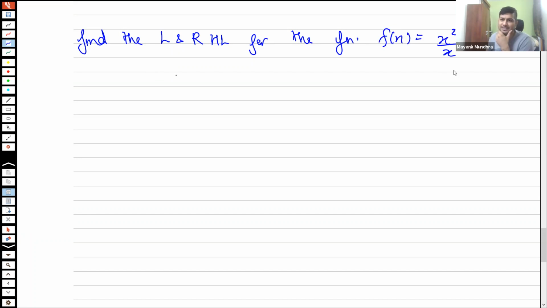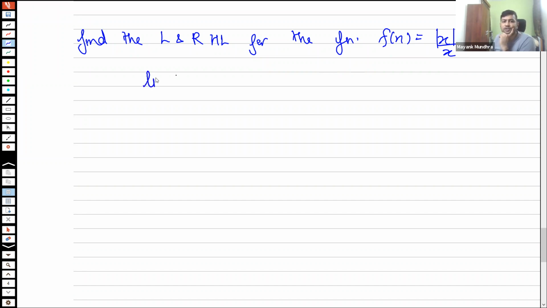Okay, x square by x is not the same as x. x is defined at 0, but x square by x is not defined at 0. So, wait, let me make it mod x by x. Mod x by x, that's good. The function mod x by x at 0.